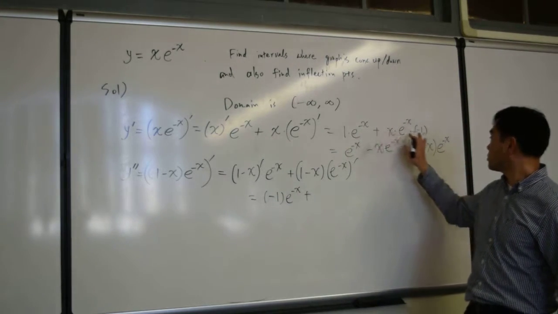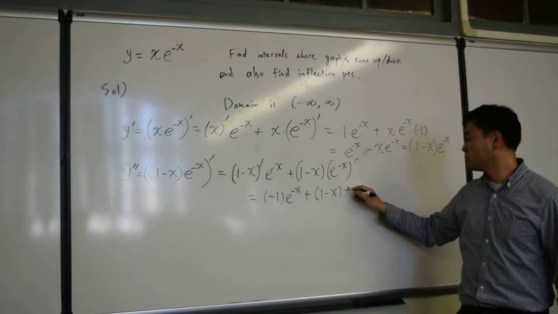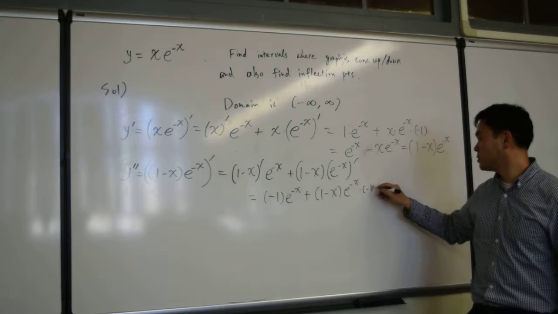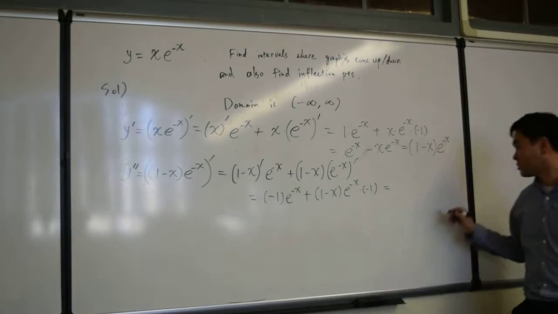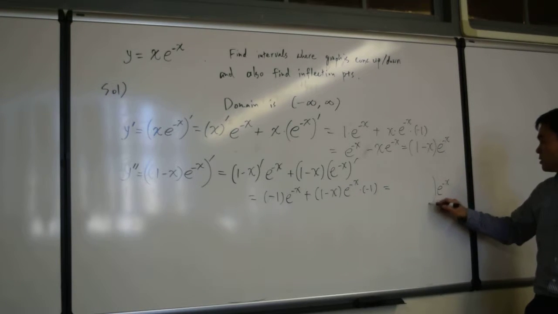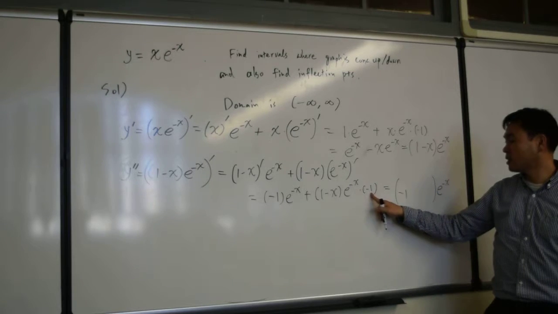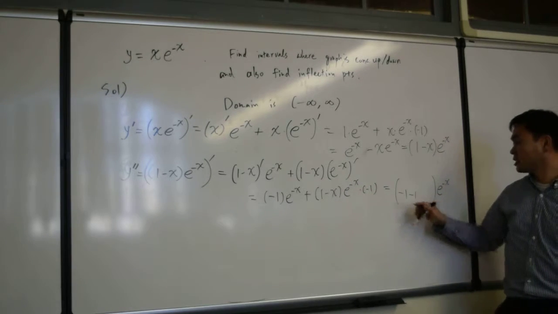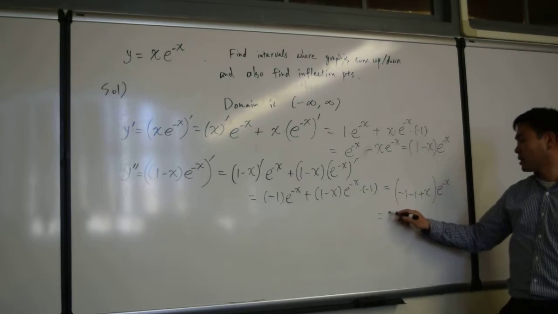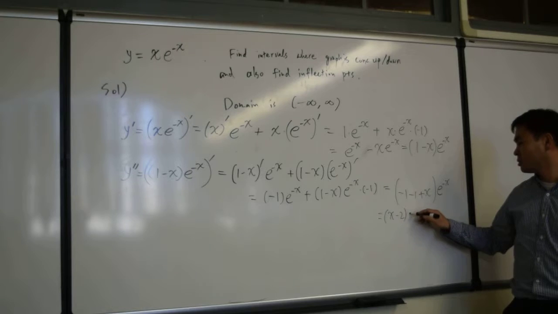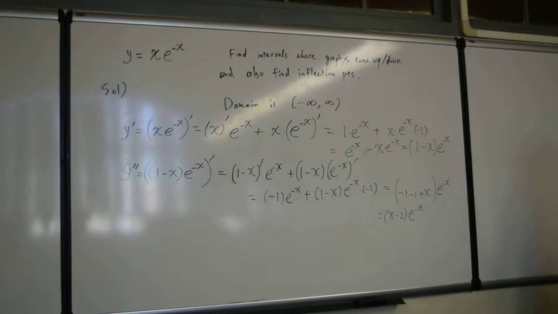We already did this once, it was e to the negative x times negative 1. And this time if I pull the e to the negative x out, I have negative 1 from the first one, and it's negative 1 times 1, which is negative 1, and negative 1 times negative x, which is plus x. So I get x minus 2, times e to the negative x, is my second derivative.